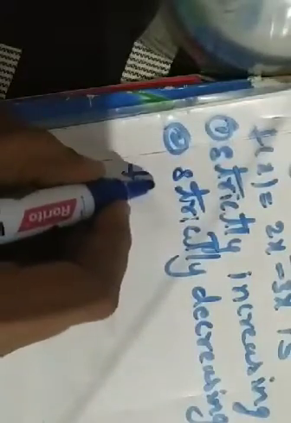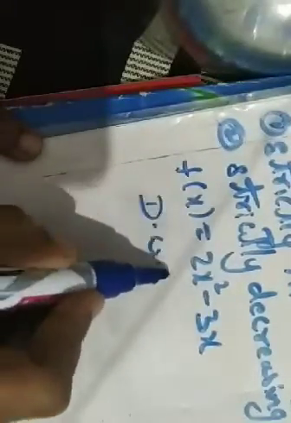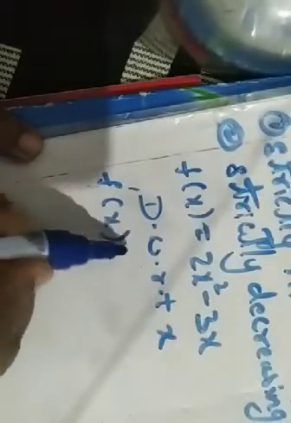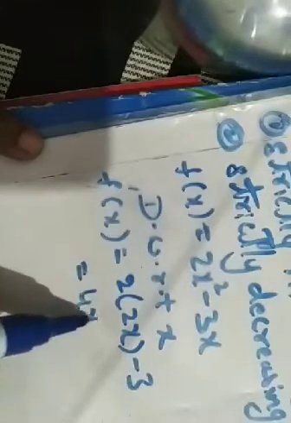Just differentiate it first. So f of x is equal to 2x square minus 3x. You differentiate it with respect to x. So f dash of x is equal to 2 into 2x minus 3, which is equal to 4x minus 3.